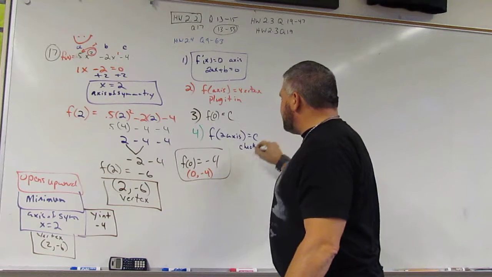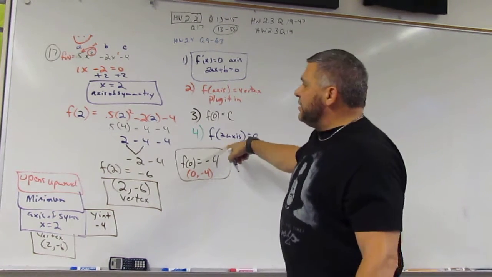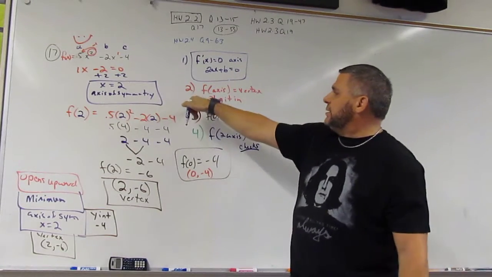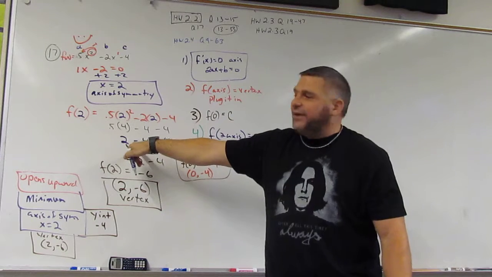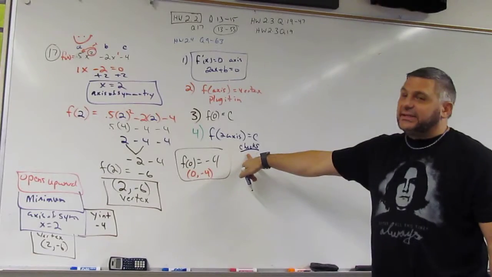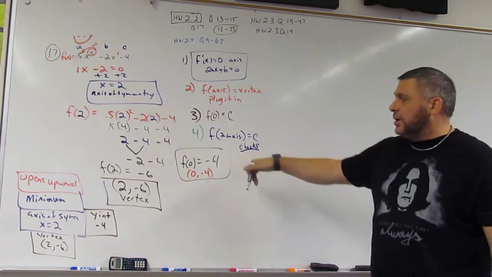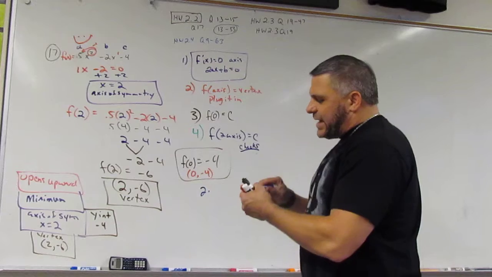There's 2 checks. One is in 4, and the other one is in 2, when we have halves. If they're not halves, something's wrong. And if this isn't equal c, something is wrong. So we plug it in. What is 2 times the axis?